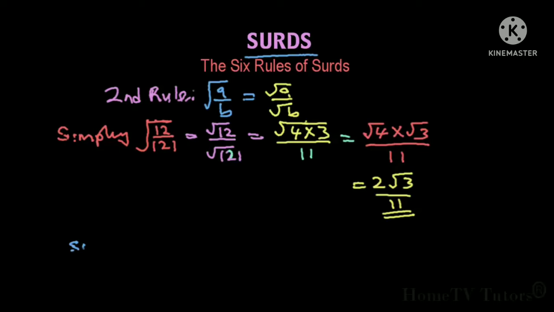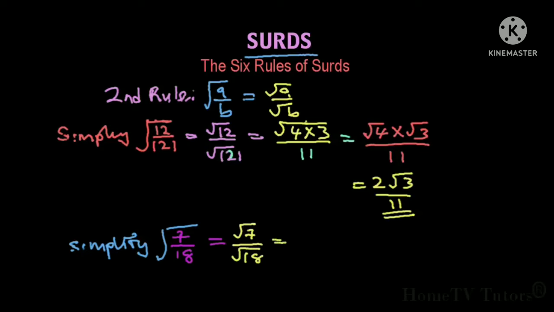Simplify the fraction of the square root 7 over 18. All right, so as the rule states, we write square root 7 over square root 18.